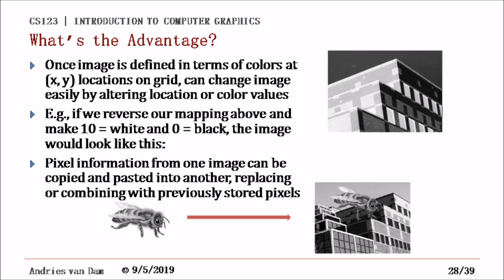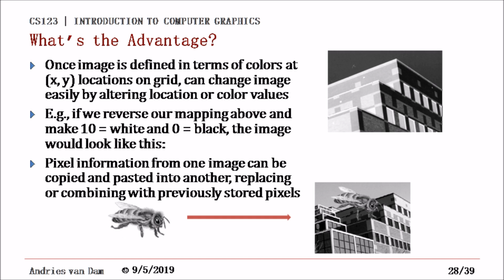So there are certain advantages and certain disadvantages of this technique. First of all, what are the advantages? Number one, once an image is defined in terms of colors at XY locations on a grid, we can change the image easily by altering location or color, as you saw in the previous example. Number two, if we reverse our mapping above and make 10 for white and 0 for black, the image would look like this, as you can see at the upper right corner of the slide.